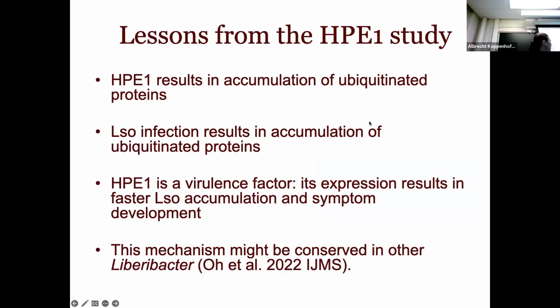So here is what I just said that we have shown. And also we have shown that in the citrus system, there is a homolog effector that has a similar function. So we can take our results from tomato and move them to other systems where these proteins exist, which is only Liberibacter so far.